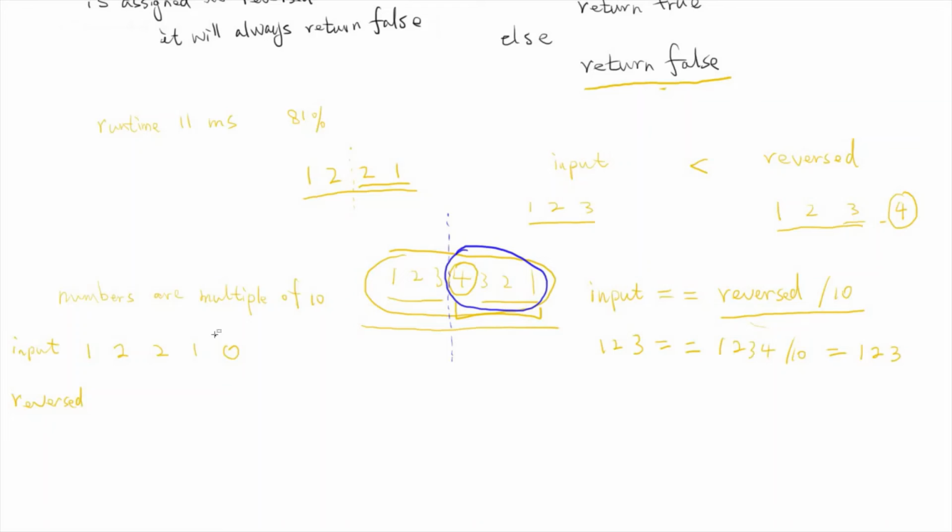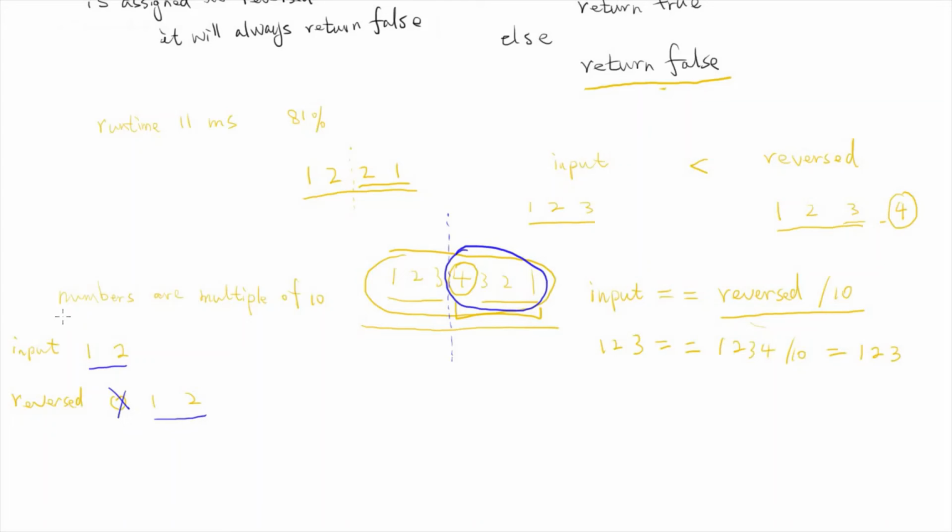In our solution number 2, we'll move 0, 1, and 2 to the reversed. After we move the digit 2, the value in the reversed is 1, 2, and the remaining value in the input is also 1, 2.